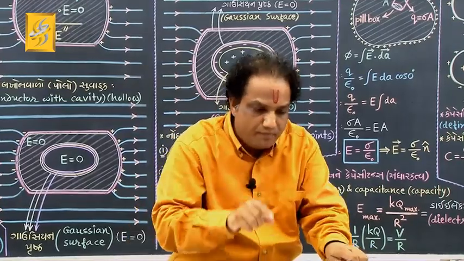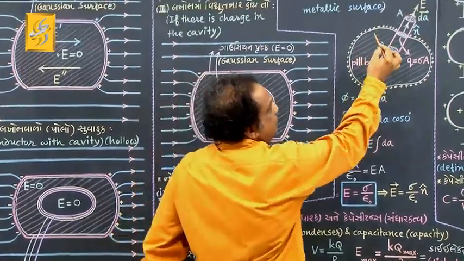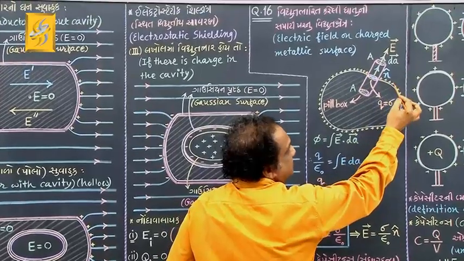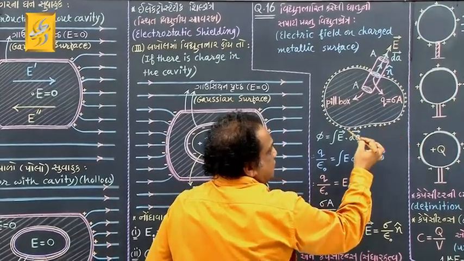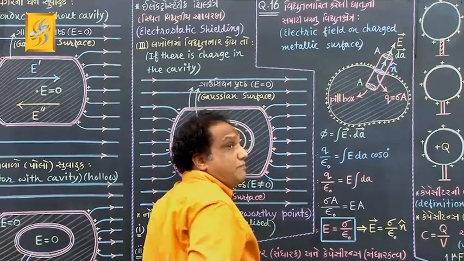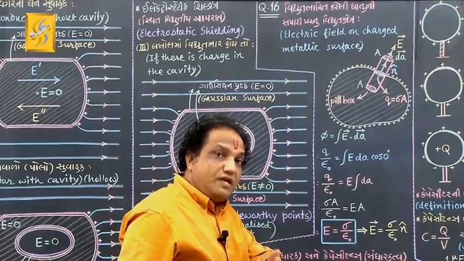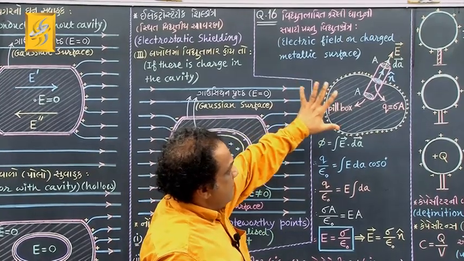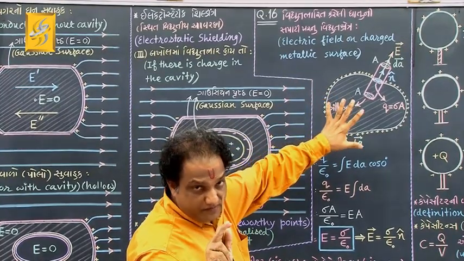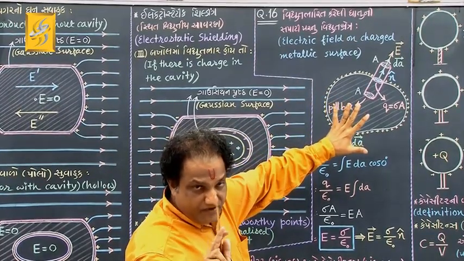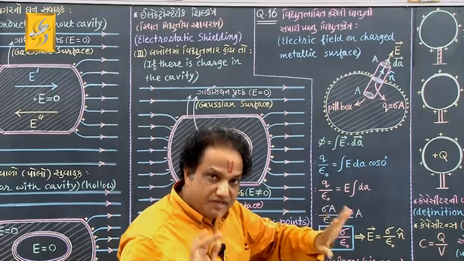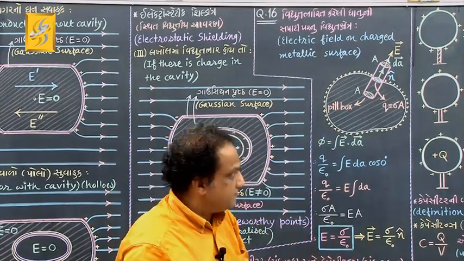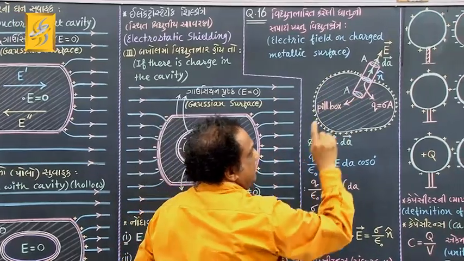That is why I am putting all the plus signs on the outermost surface, correct. So, here I am considering that metallic body which is already charged. I am not applying any external electric field; this body itself is having some charge.